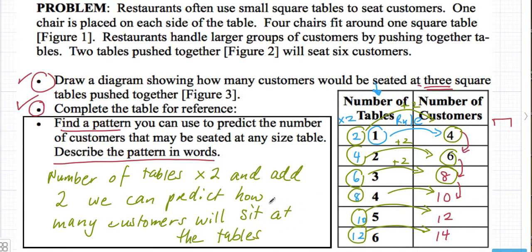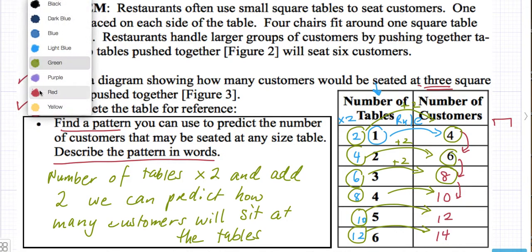So we could use this rule to predict something big, and that's what we're going to do on the next slide. So the big thing to remember here is that we've figured out a rule.